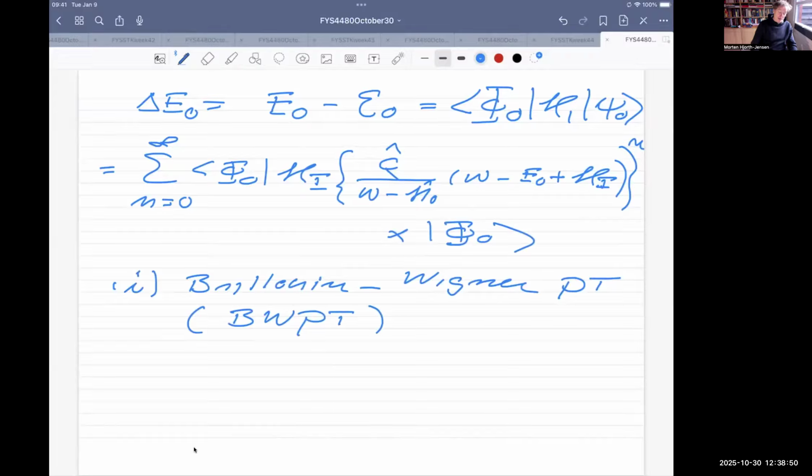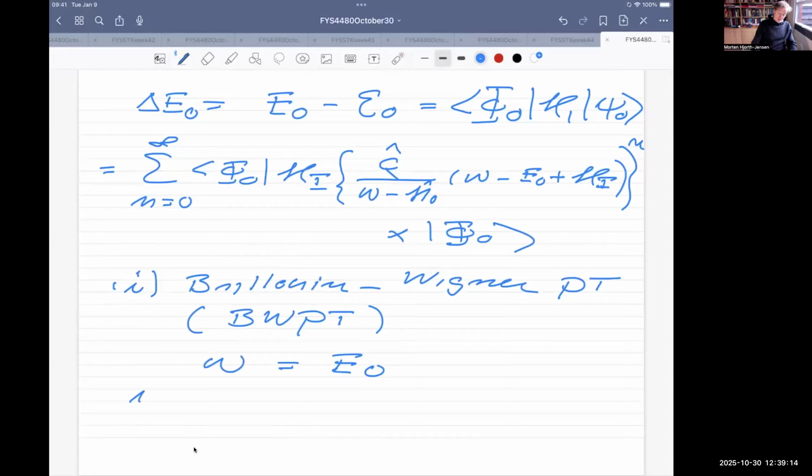In that specific case, we choose this variable omega to be equal to E0, the exact energy. And as we looked at last time, this means that we are going to get an expansion in terms of an unknown quantity, because E0 is actually unknown to us. And we are going to see what kind of consequences that has.